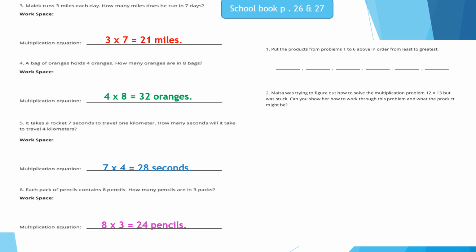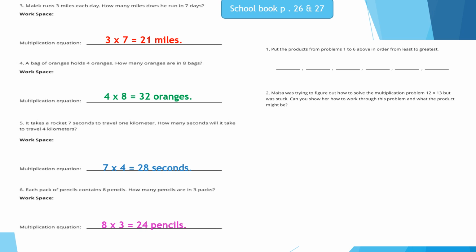Now, let's put our products in problem 126 above in order from least to greatest. This order is called what? From the smallest to the greatest, it's called ascending order.